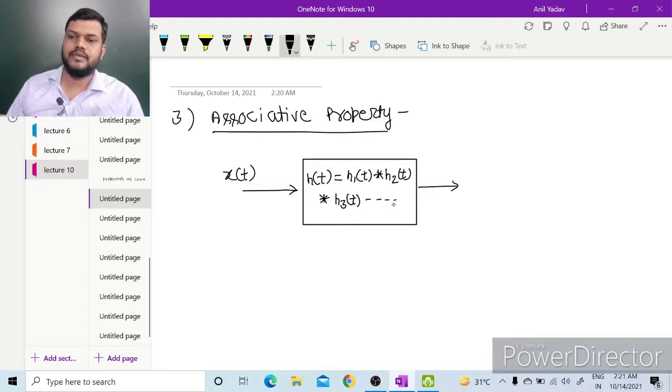So we know y(t) is x(t) convolved with h(t). In all the properties we are assuming it is LTI system.